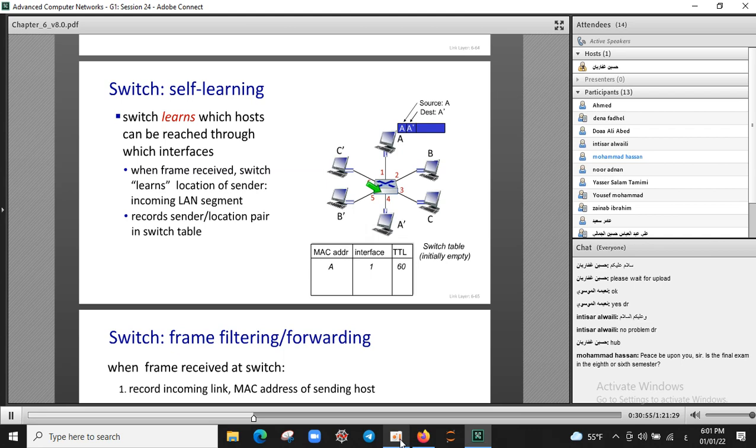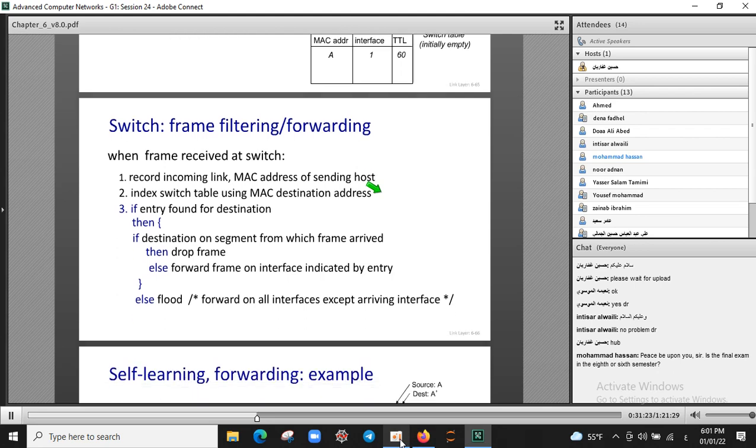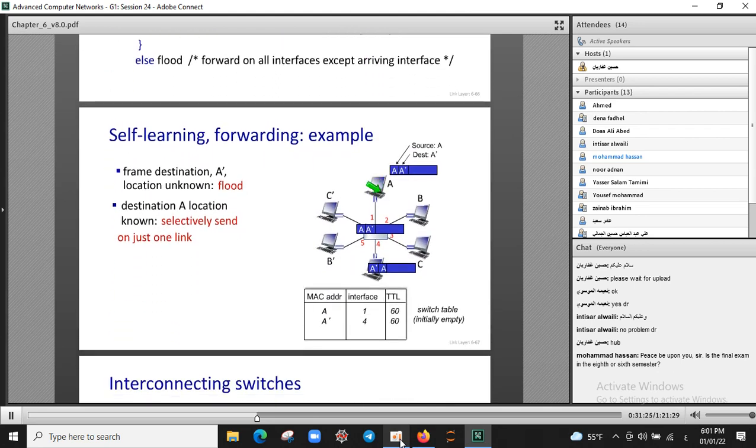As soon as a system sends the first packet, only the first packet, the switch learns the position of that system inside the network. But the hosts inside the network can never learn the position of the switch, because the switch is transparent from their point of view.